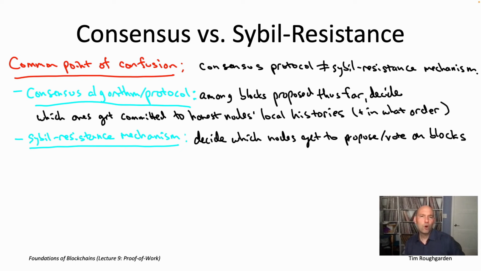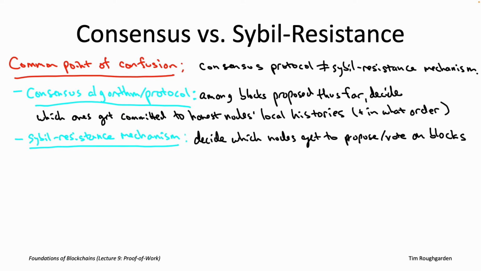All right, so to really hammer home the fact that these are different parts of the design of a blockchain protocol, let's look at the two different types of consensus that we've discussed, the two different types of Sybil-Resistance that we've alluded to, and look at the four combinations of how you might pair them together in an attempt to create a permissionless consensus protocol.